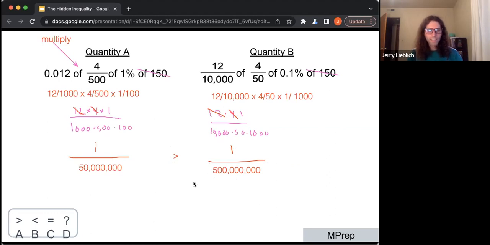Now you may look at this and say, that was more work than actually just multiplying it out, and that may be the case. I'm not saying this is the best way to do this particular problem, and in this particular problem, there's a million different ways we could simplify it and use the similarities between the two sides to make a comparison. But I'm showing you a rather extreme way of doing it, just as another way to show you that we can simplify to be able to make a comparison.